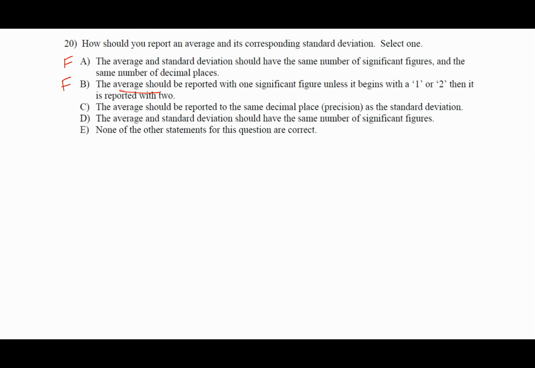So that's false as well. The average should be reported at the same decimal place or precision as the standard deviation. Yes, this is rule 2, right? Should report it to the same precision. The average and standard deviation should have the same number of significant figures. Once again, I've said that up top. It's a previous answer, and that's absolutely not. And no, once again, this won't apply because we do have a true one. So the answer for 20 is C.